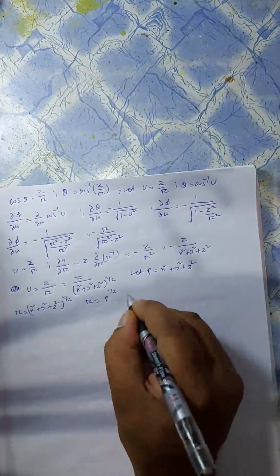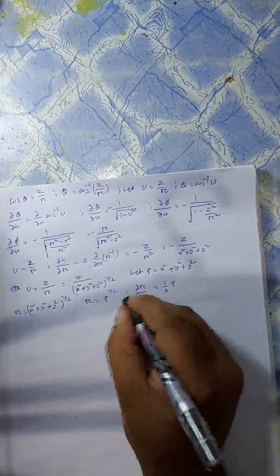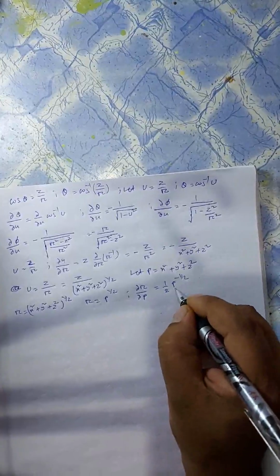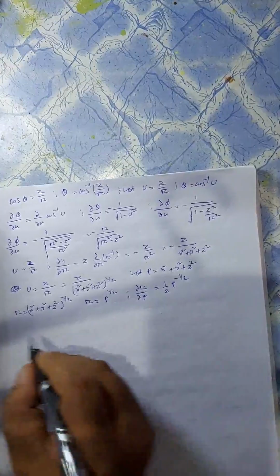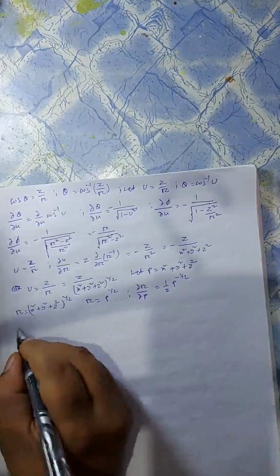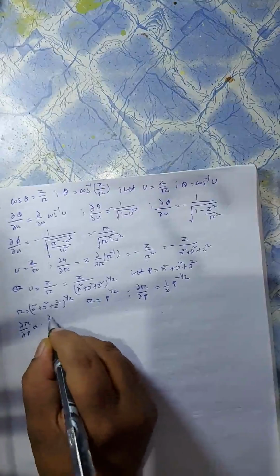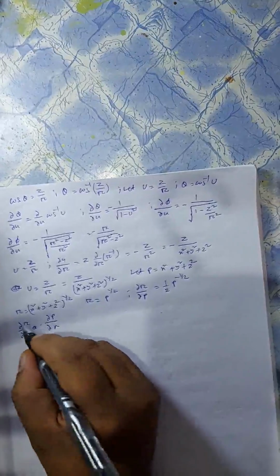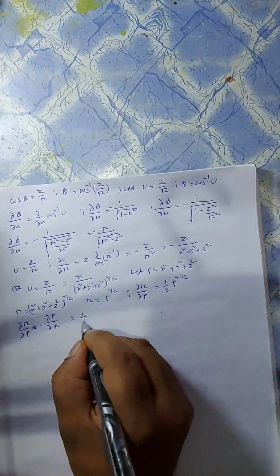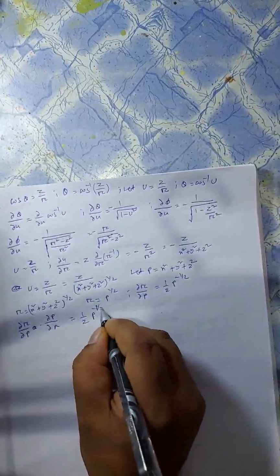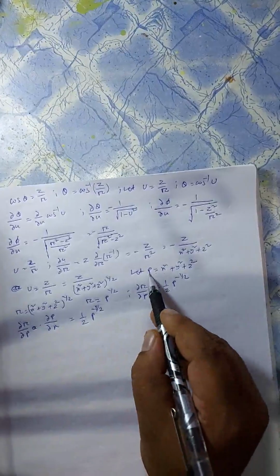So ∂r/∂p is equal to what? Now this half will come to this side: half, p to the power half minus 1, that is minus half. Or you can take ∂r/∂x equal to ∂r/∂p into ∂p/∂x, and we can get ∂r/∂x directly. So ∂r/∂p is equal to half p to the power minus half, and ∂p/∂x is equal to 2x.